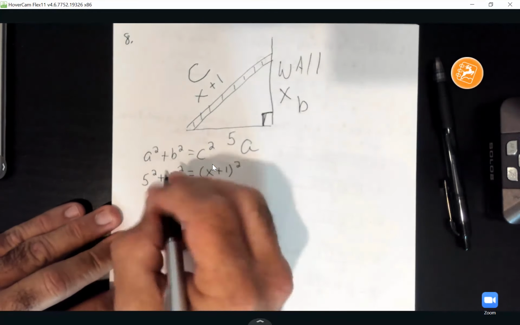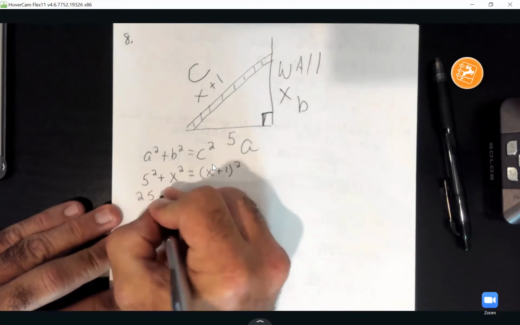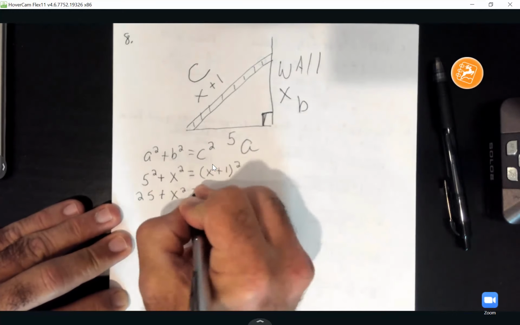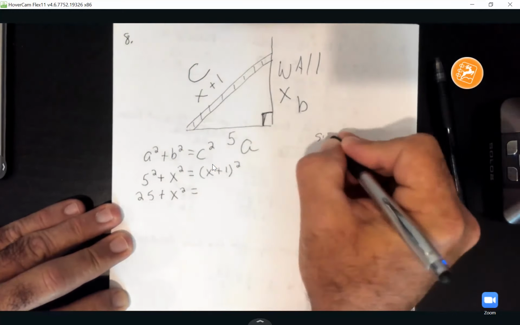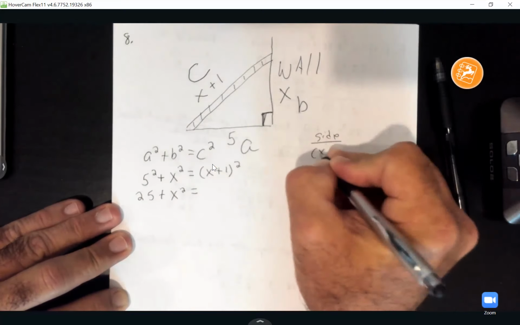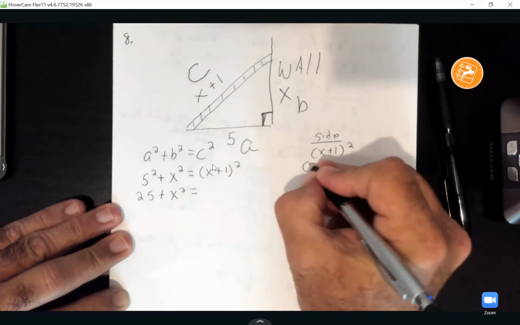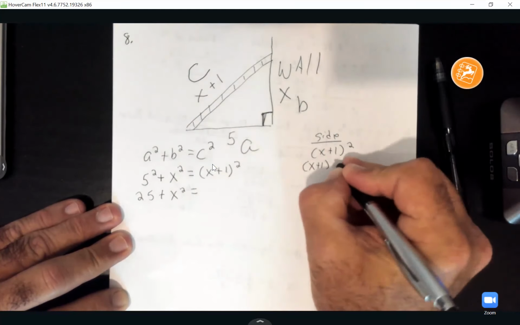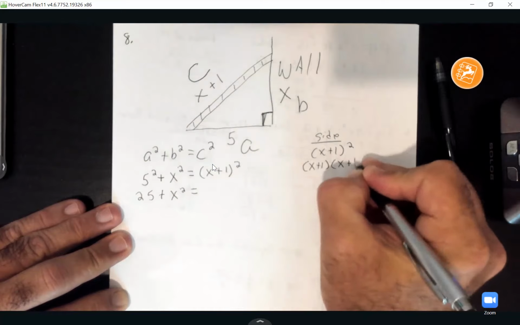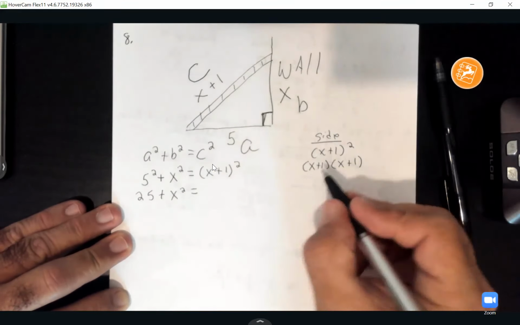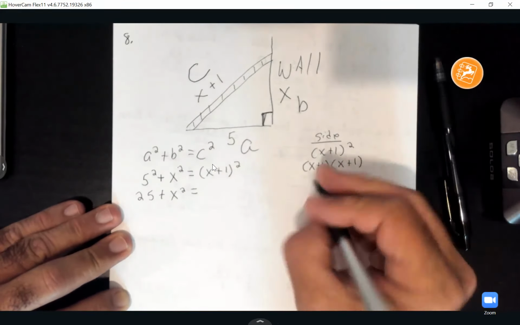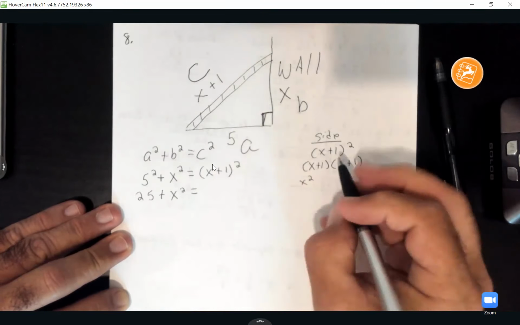All right, y'all. 5 squared is 25 plus x squared. So y'all, on the side here, I'm going to figure out x plus 1 squared. That'll be x plus 1 times x plus 1. So if we FOIL that, x times x is x squared.